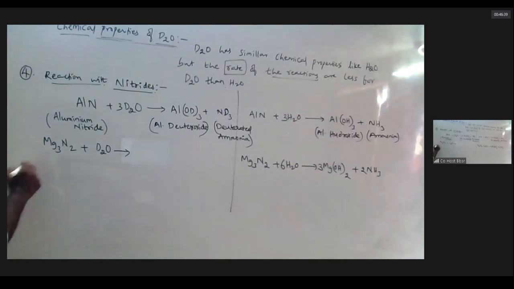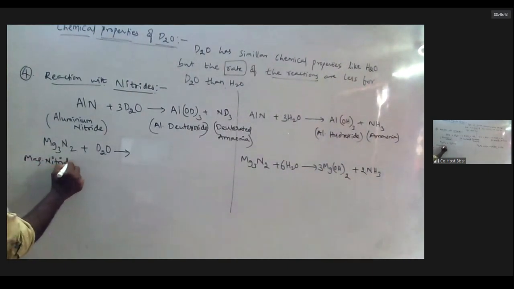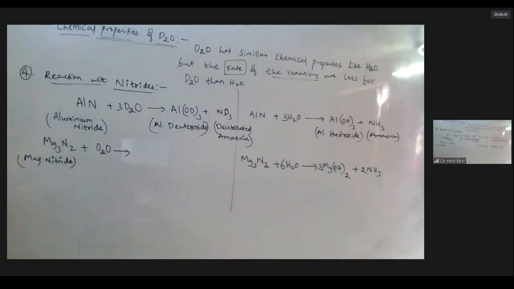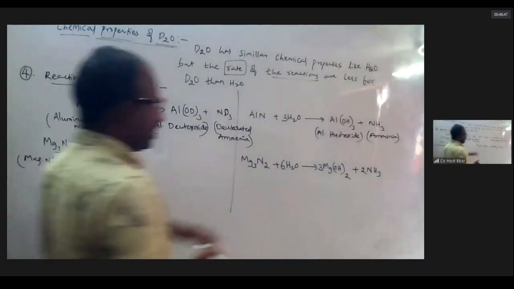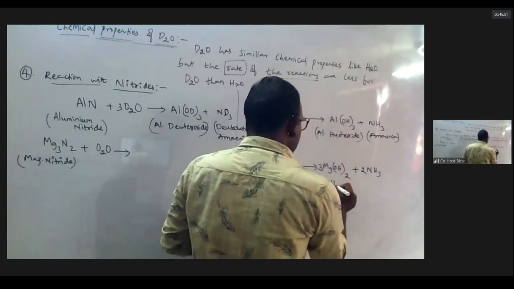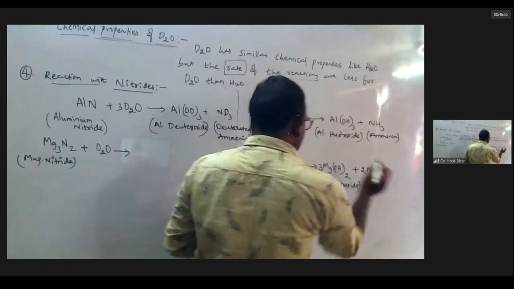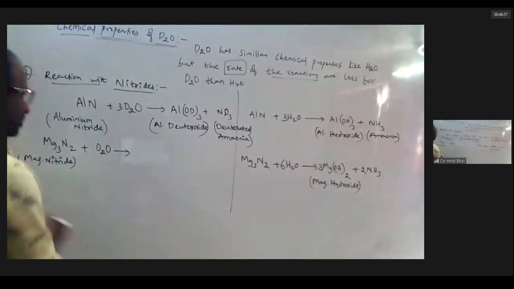Magnesium nitride is the name. Now magnesium nitride reacted with water gives magnesium hydroxide and ammonia.